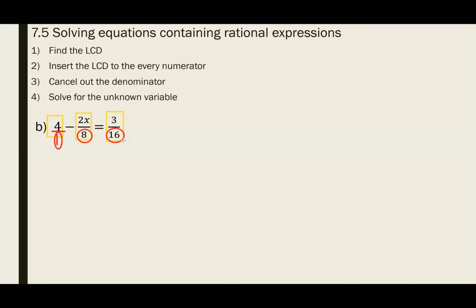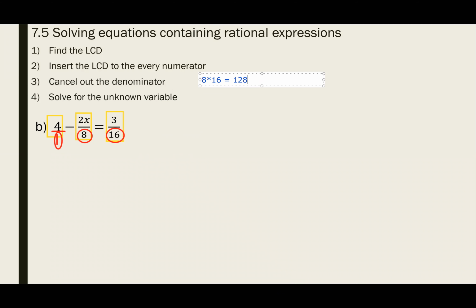If you were to do this, if you take 8 times 16, that's fine. If you remember, what we do is we need to find the LCD. And if you say, oh, Mr. Tran, earlier you told me to take 8 times 16, and 8 times 16 gives you 128.